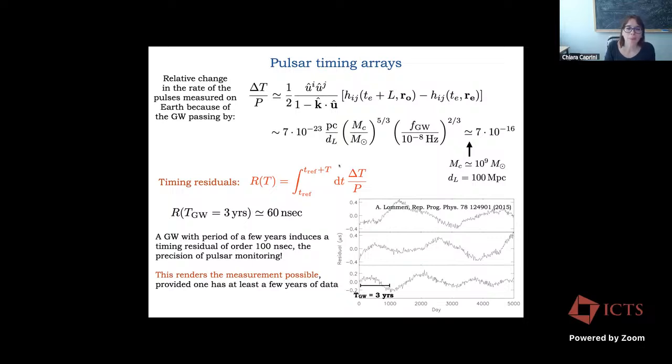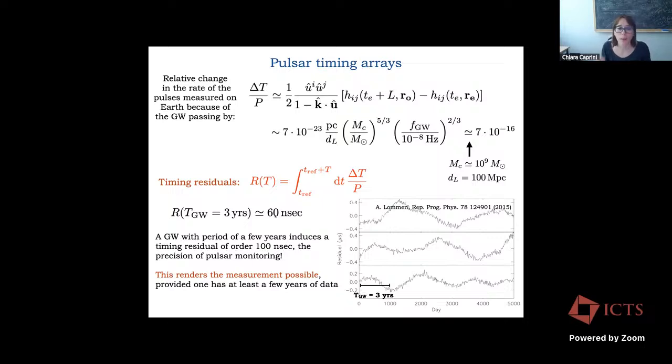So let's now integrate this timing residual from some reference time to about 3 years, which is again the inverse of this 10 to the minus 8 Hertz, and one finds 60 nanoseconds.